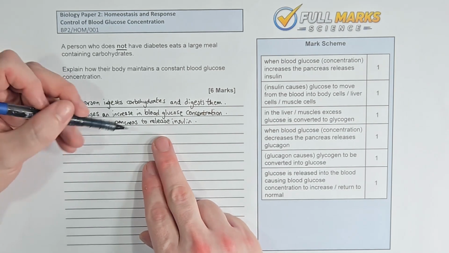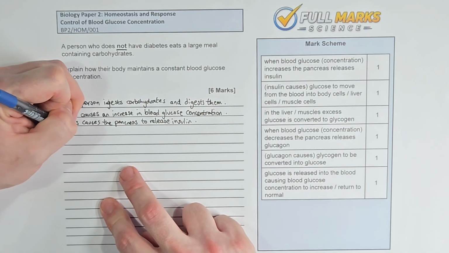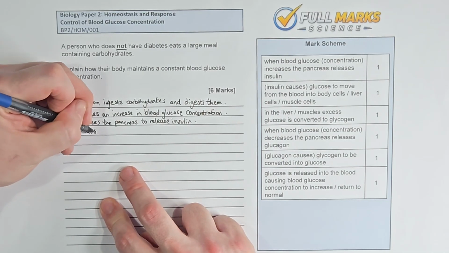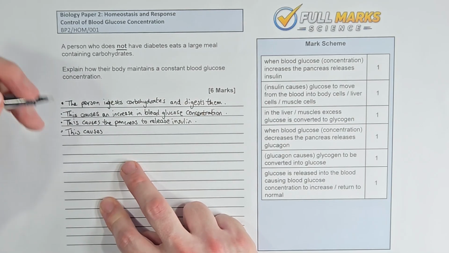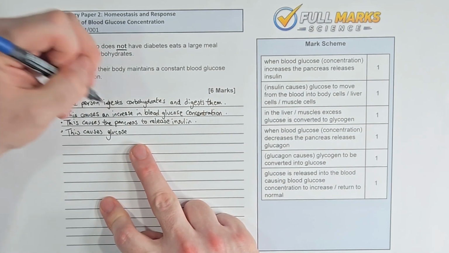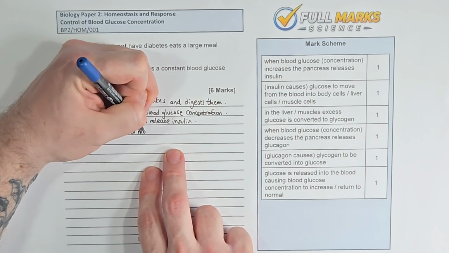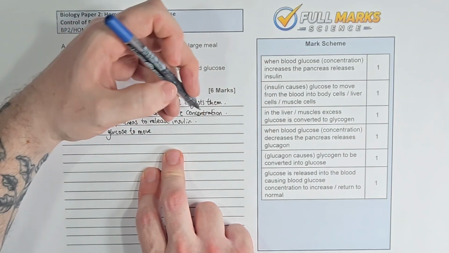So the insulin is being released. So this causes, you see, there's going to be a lot of this causes because of the way that I'm doing the answer of having this chain of events. This causes glucose to move, and I can just use these from the mark scheme actually because it's covering all points.